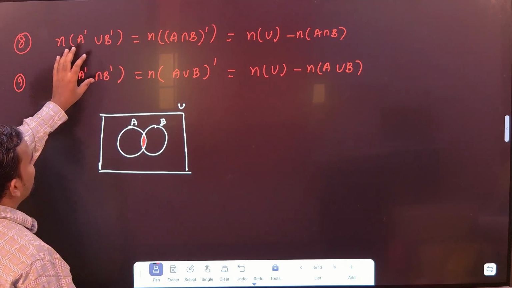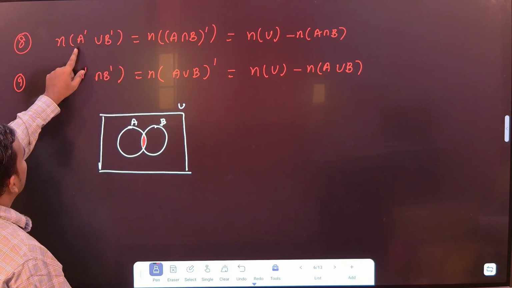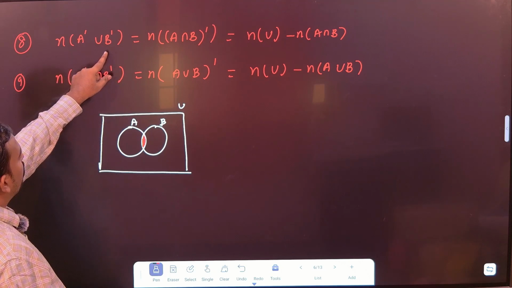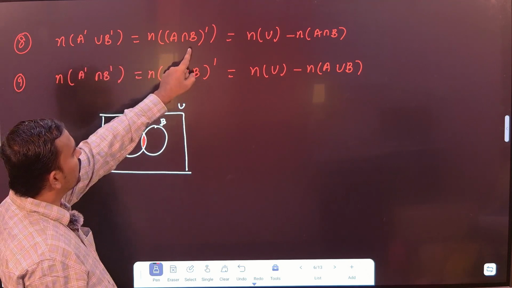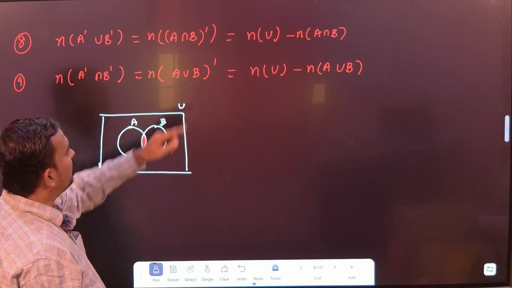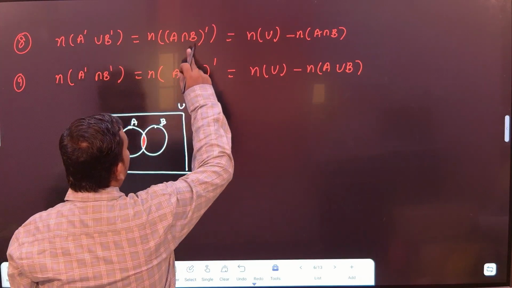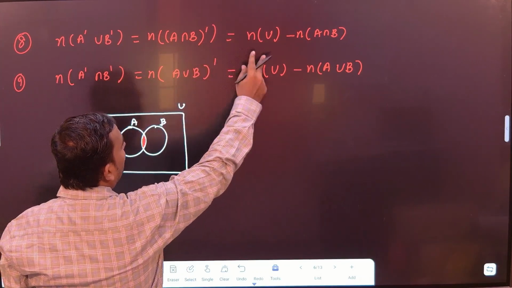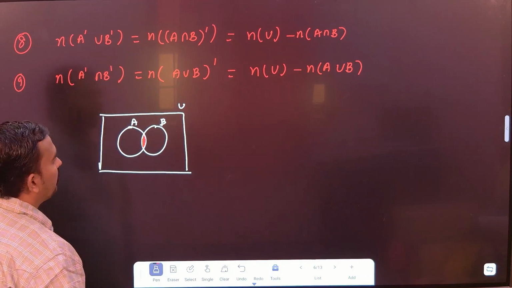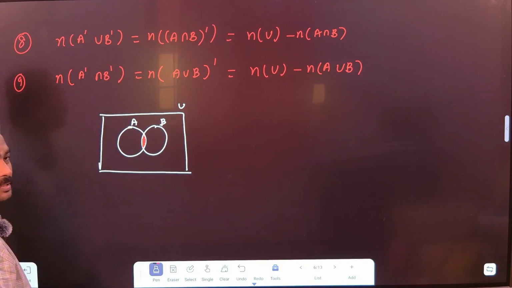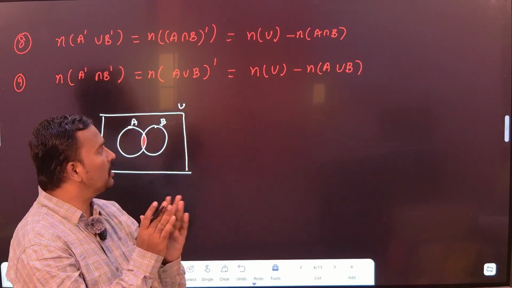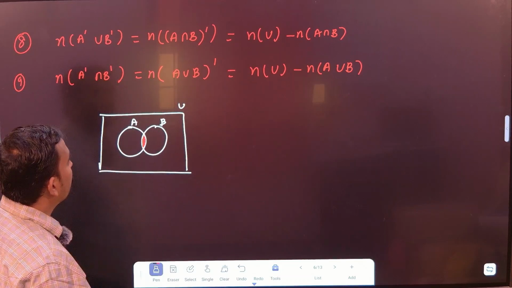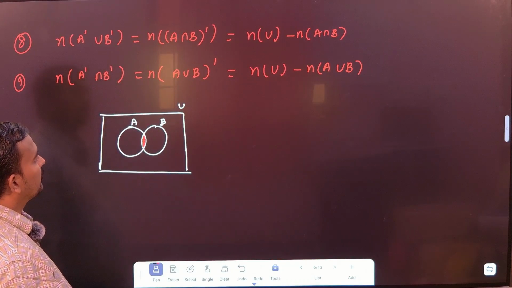So this is called De Morgan's law, right? A complement union B complement means union changes to intersection, the whole complement. So A intersection B whole complement, how to write? N of U minus N of A intersection B you can write. That means the whole universal set, remove the A intersection B, right?